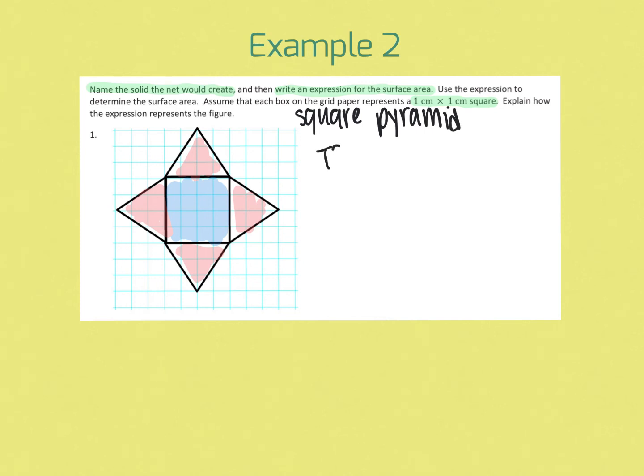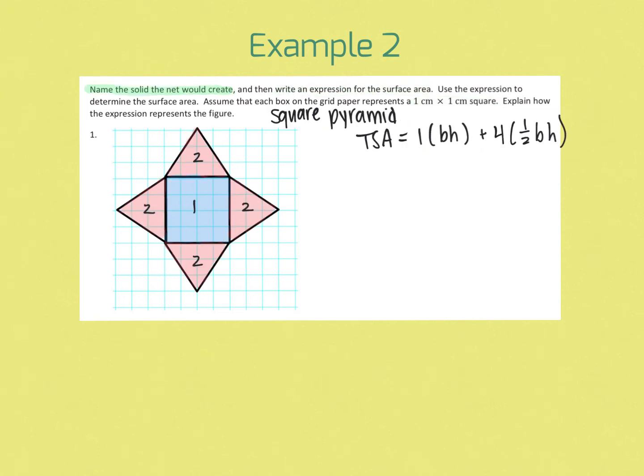This means the total surface area equals the area of the 4 congruent triangle faces plus the area of the 1 square base. So we would do 1 times base times height for the square plus 4 times 1/2 base times height for the triangles. Next, we can solve for the square.